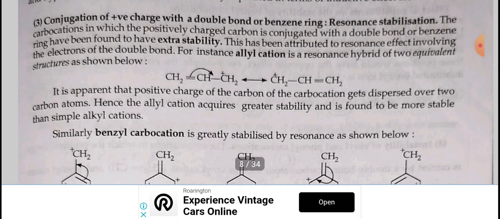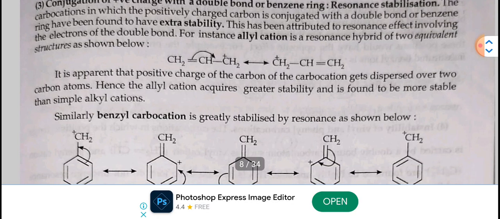For instance, the allyl cation is a resonance hybrid of two equivalent structures as shown below. It is apparent that the positive charge on the carbon of the carbocation gets dispersed over two carbon atoms. Hence, the allyl cation acquires greater stability and is found to be more stable than simple alkyl cations.